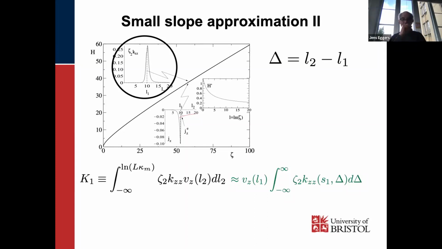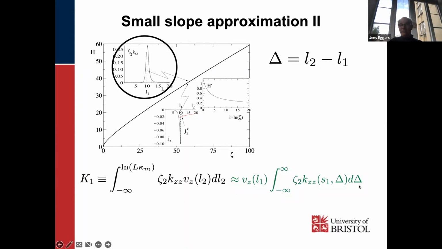Since I have this narrow peak, instead of the variable L2, I can introduce the variable delta, which is L2 minus L1. Since the main contribution just comes from this one point, I can replace the argument L2 in the velocity by L1 and pull the velocity in front of the integral. The remaining integral is just a number I have to calculate.